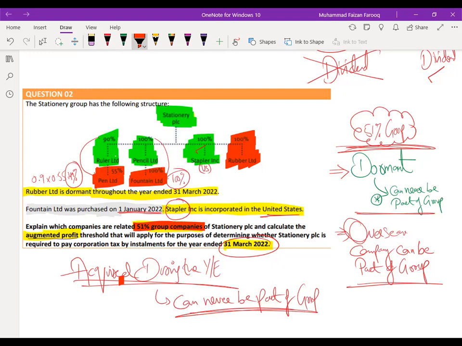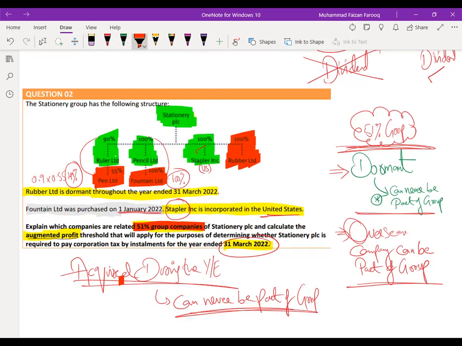The group membership will begin from the next year. From the second year, it will be considered your group member.